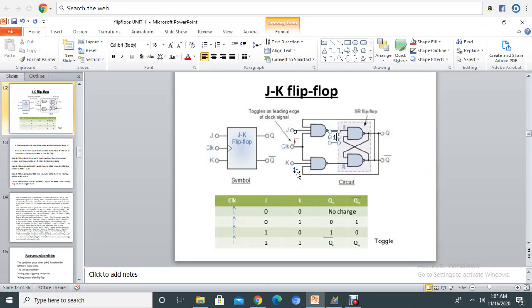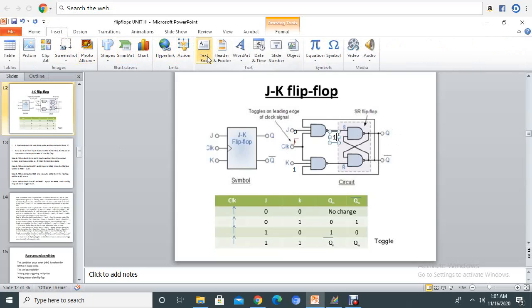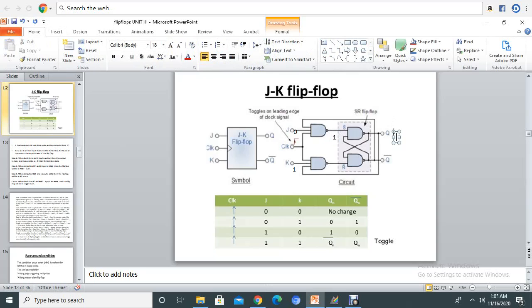Here in the first input we are applying clock. In the second input we have 1, but here Q is connected. We don't know the value of Q. Now we assume that Q is equal to 0. This 0 is applied to the third input of this NAND gate.